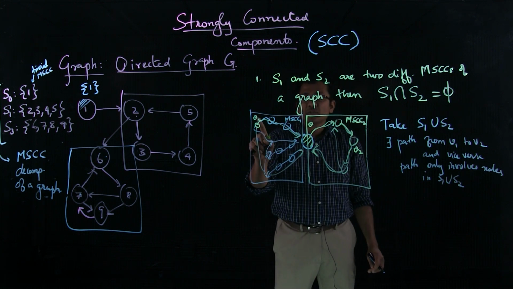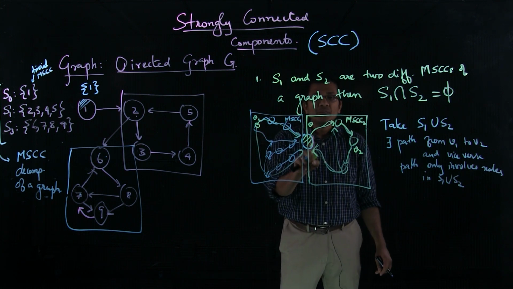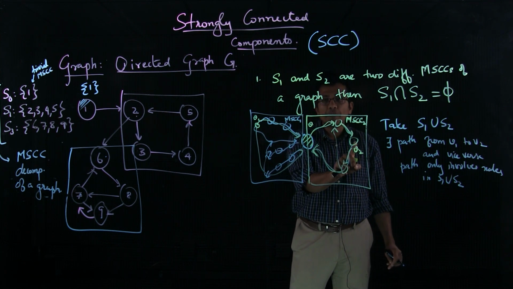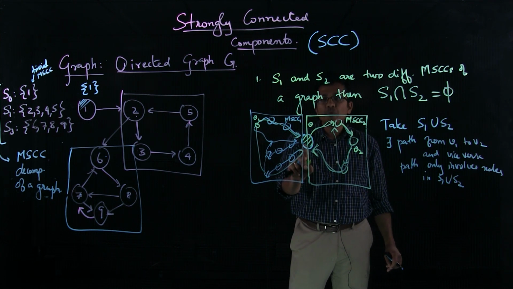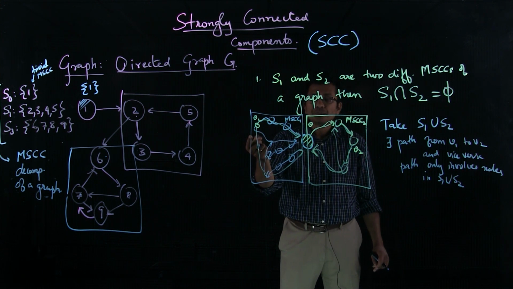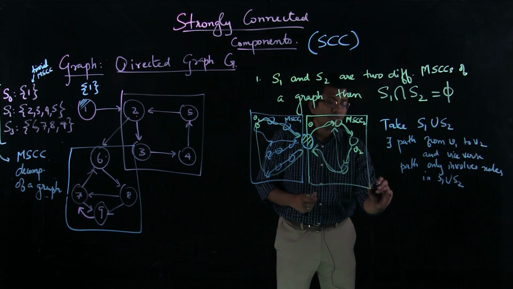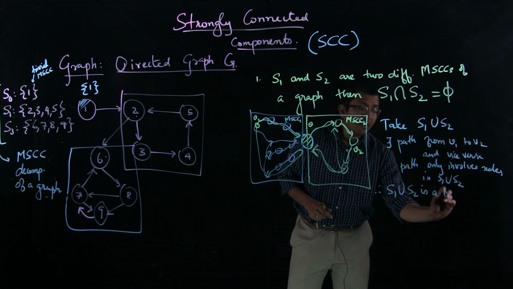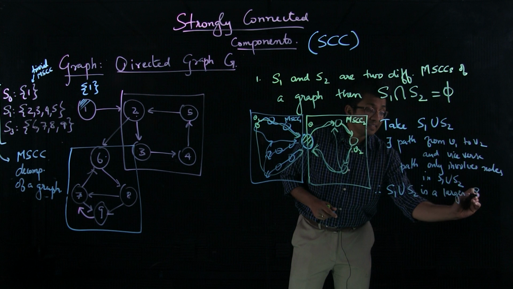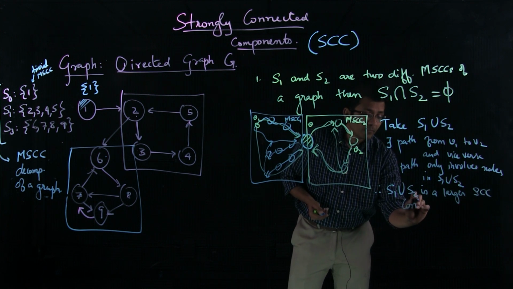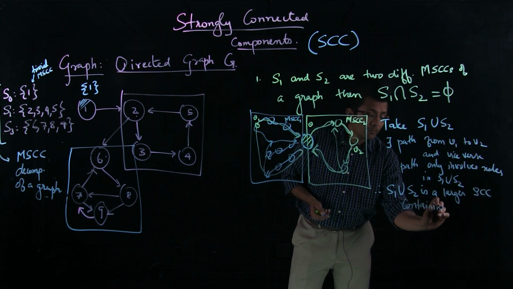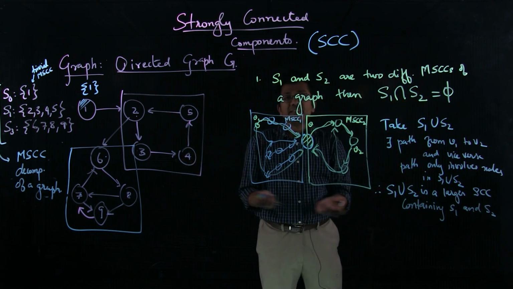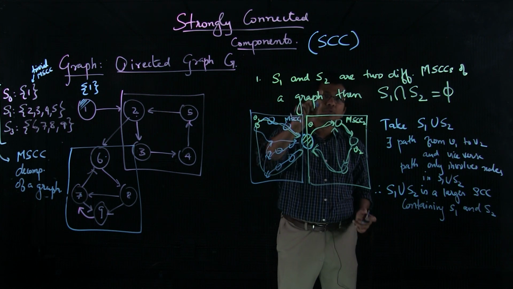From any vertex V1, first get to V, from V get to V2. If I wanted to hop from V2 to V1, hop from V2 to V and from V to V1. Therefore, S1 union S2 is a larger SCC containing S1 and S2. So here is a bigger SCC that subsumes S1 and subsumes S2.